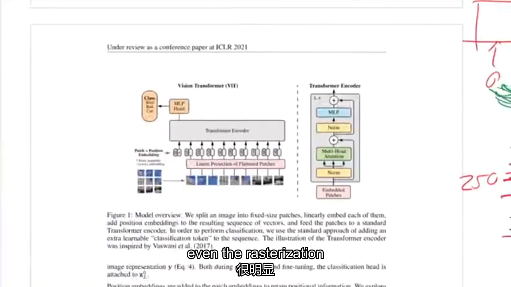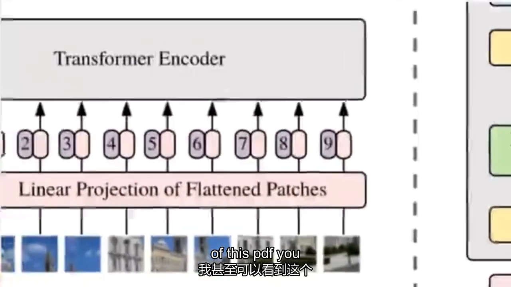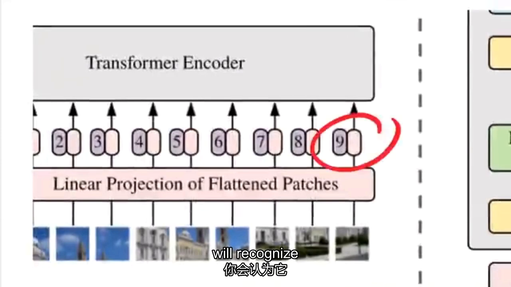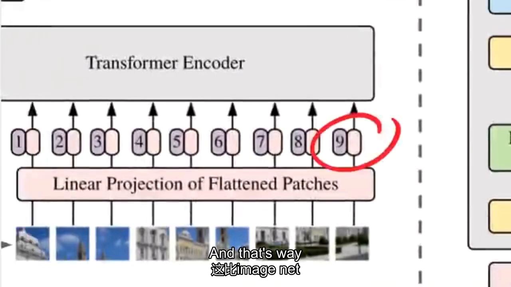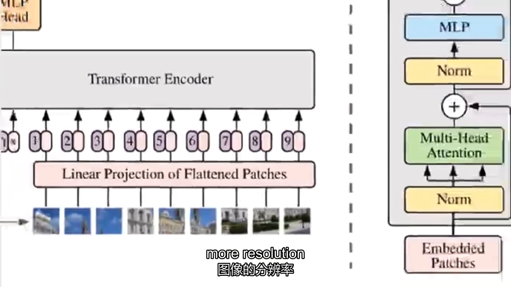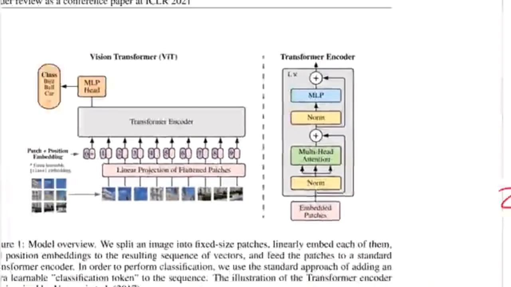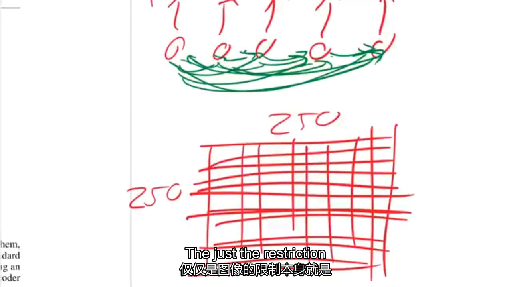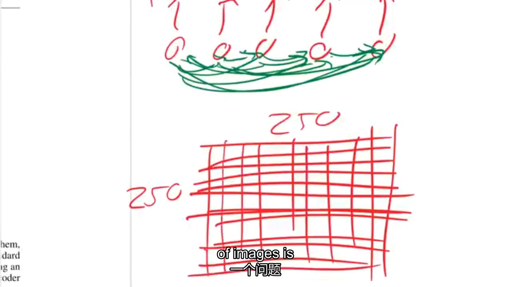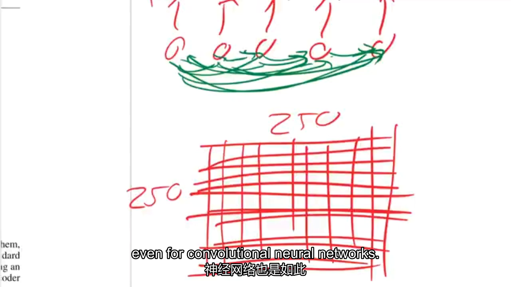I mean, even the rasterization of this PDF, you will recognize it as blurry. And that's way, way more resolution than ImageNet images. So just the rasterization of images is a problem in itself, even for convolutional neural networks.